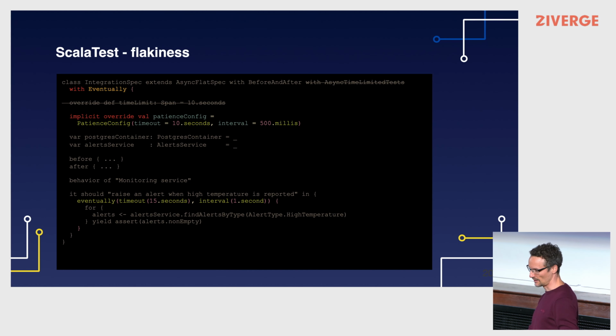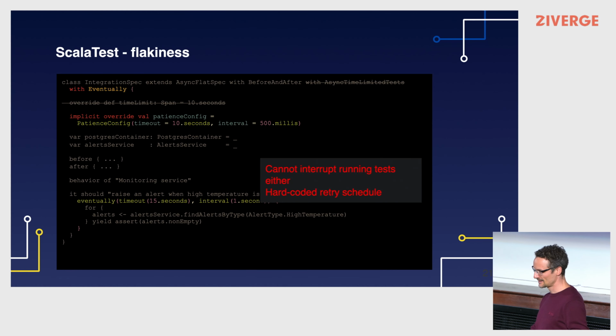Important to mention that we have to get rid of the previous trait or mix-in because the timeouts are going to conflict. The other problem is that the way eventually retries to run our test is hard-coded. You have this timeout and the interval, and that's it. You cannot have a specific schedule.